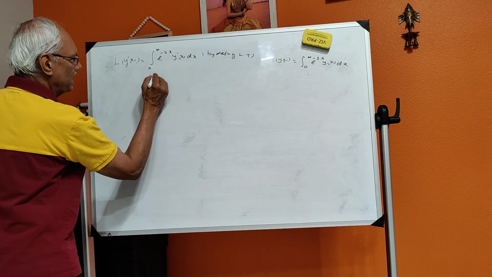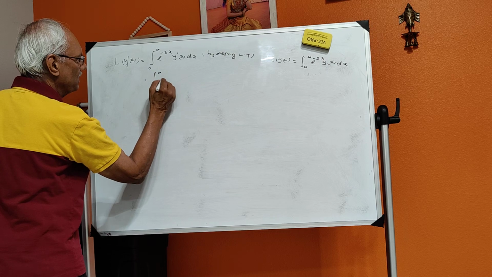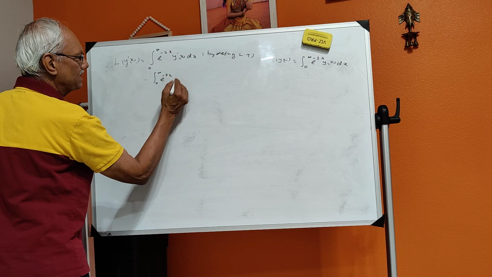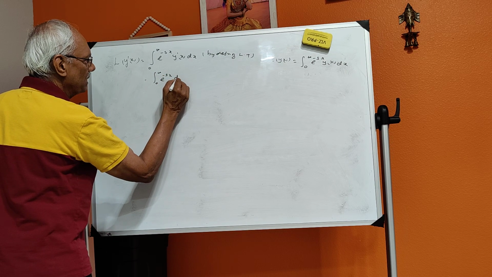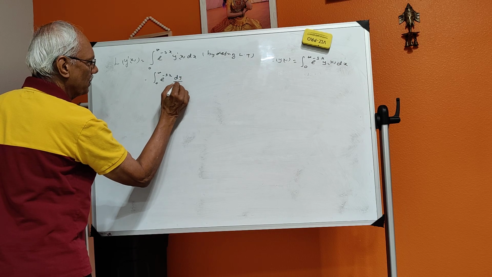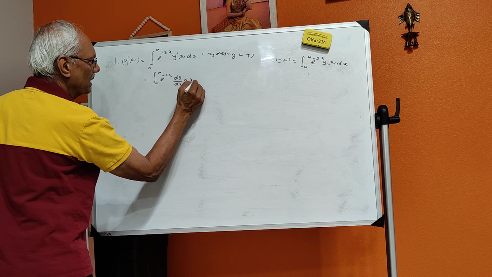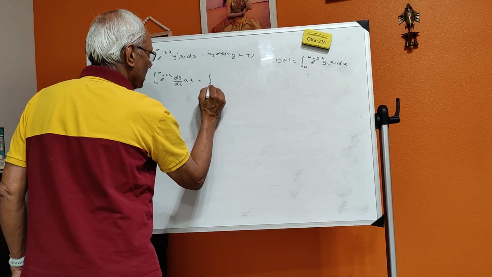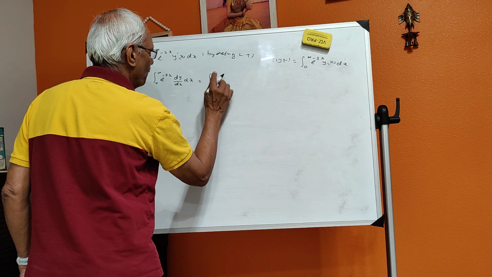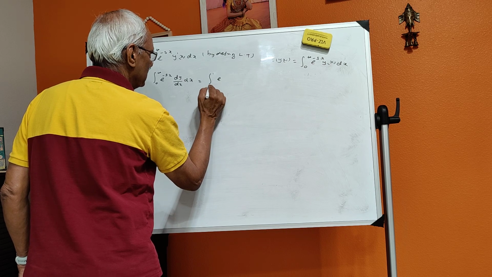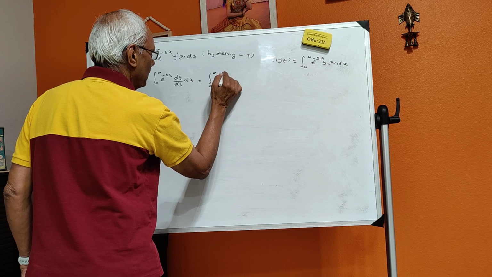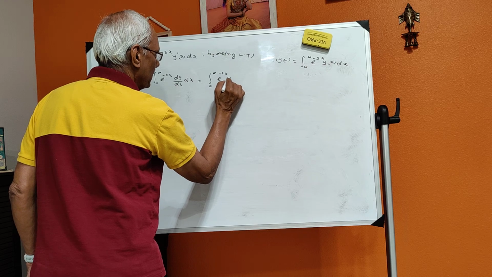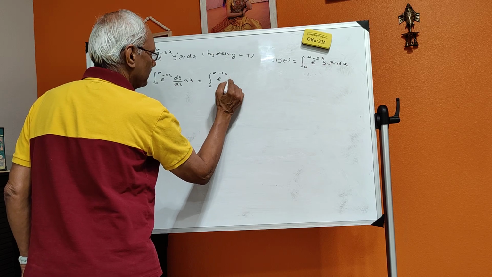So I will write L of y dash as the integral from 0 to infinity of e to the power of minus sx into dy by dx into dx, which is the integral from 0 to infinity of e to the power of minus sx into d of y of x.